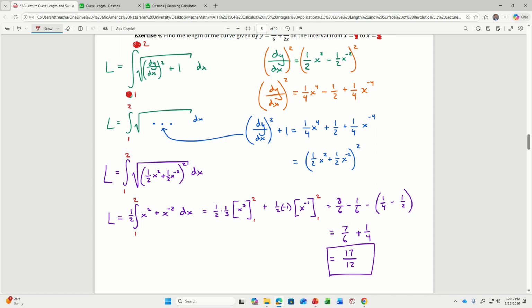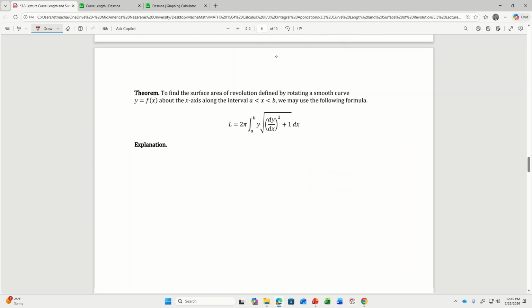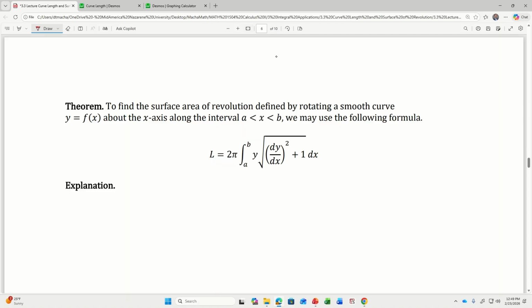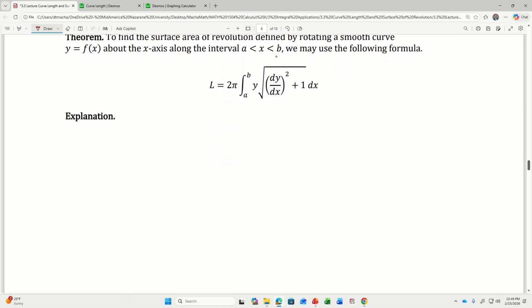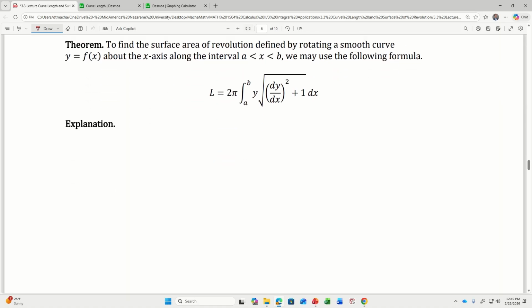All right, the last thing we're going to talk about today is a surface area of revolution. And if you want to find a surface area of revolution, here's the formula.